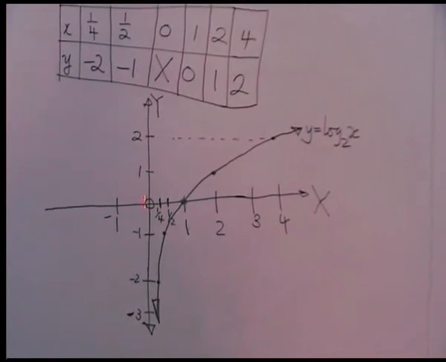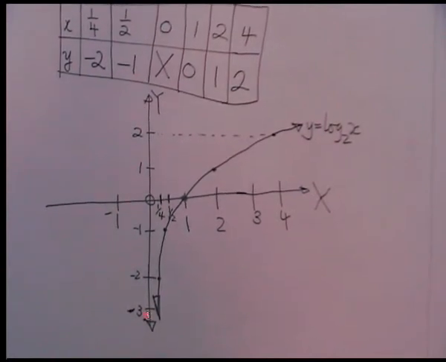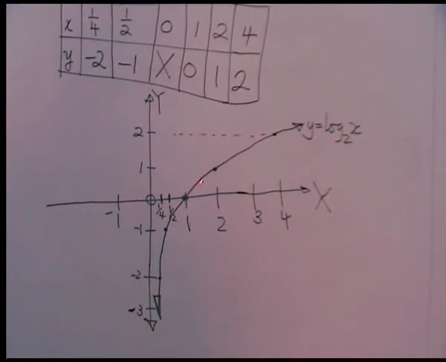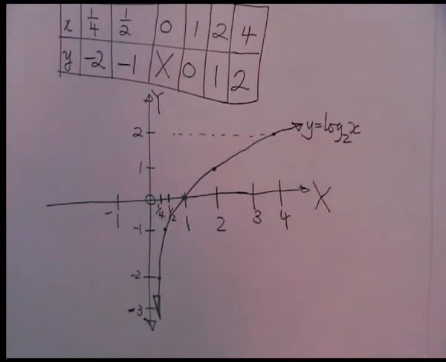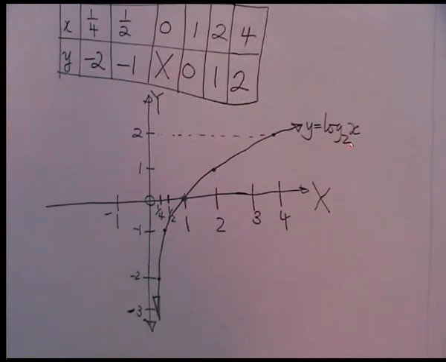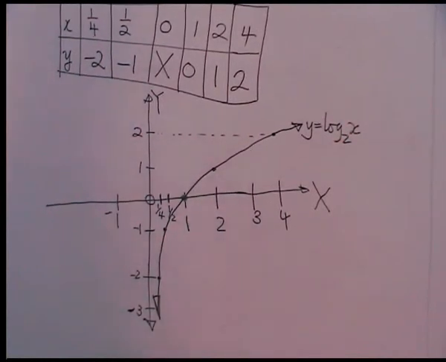So the y-axis becomes an asymptote, because that graph will come very, very close to the y-axis, but it will not touch the y-axis. So that's your log graph, provided your base is a whole number.